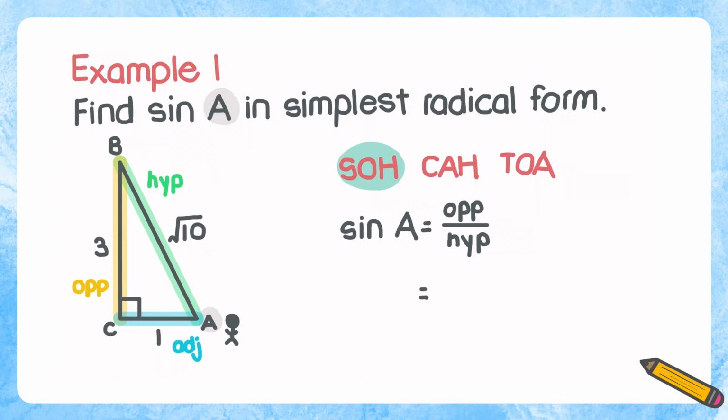In other words, sine of A equals 3 over radical 10. But remember, we want to rationalize the denominator. So instead of 3 over radical 10, we get 3 times radical 10 over 10. So sine of A equals 3 times radical 10 over 10. This is written in simplest radical form.